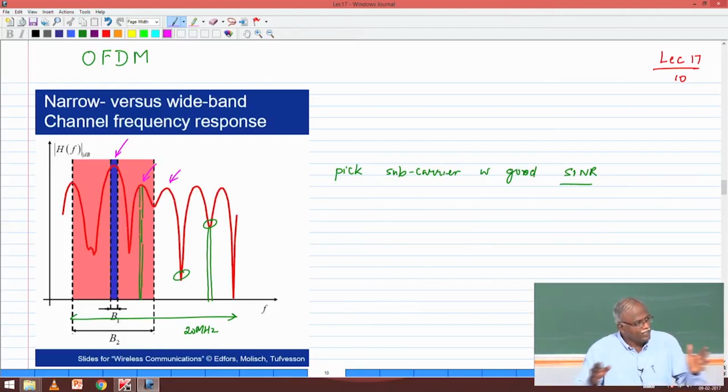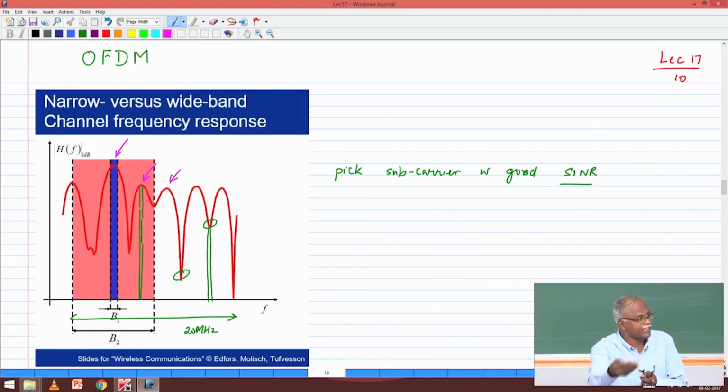The multipath components based on the location are fixed, but my carrier frequency can change. If I change my carrier frequency, the response of those particular multipath components to that carrier frequency changes. So that's what we are showing here. Okay, so you're right. There is a spatial distribution of peaks and troughs. Each position has a distribution of peaks and troughs in the frequency domain.